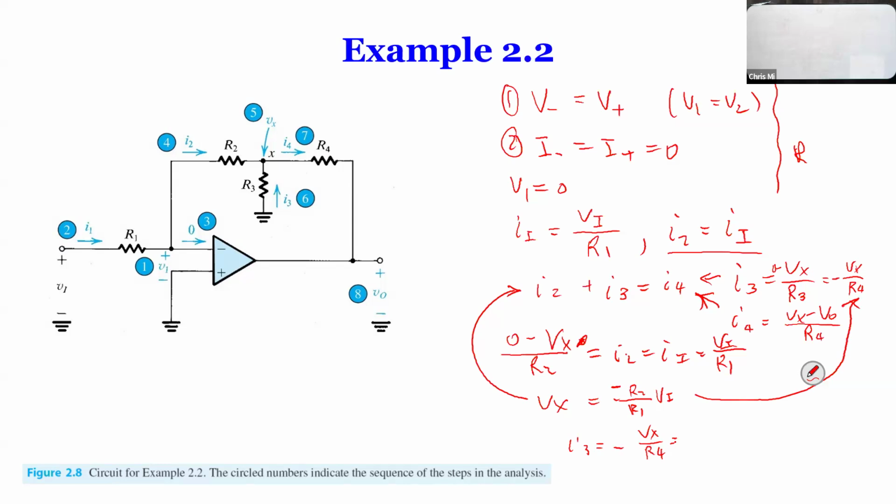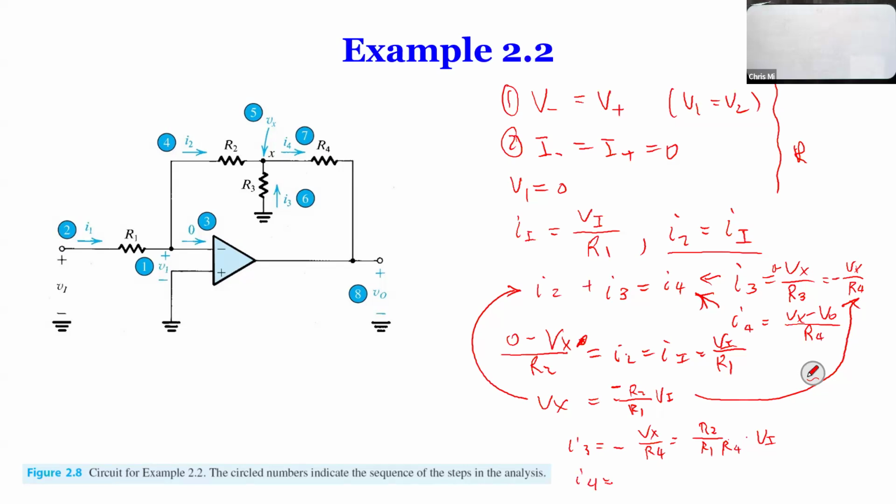When we plug Vx in, it's going to be plus, so R2 over R1 R3 times Vi. Now we have I2. We can easily find I4.